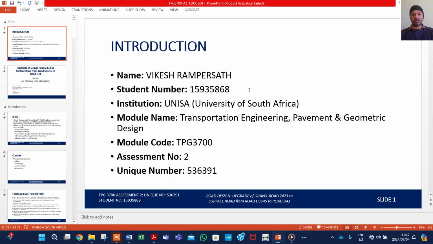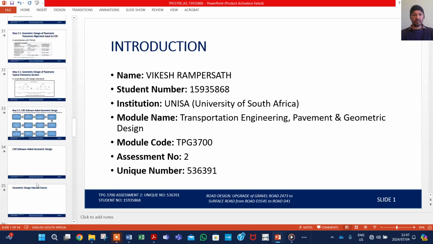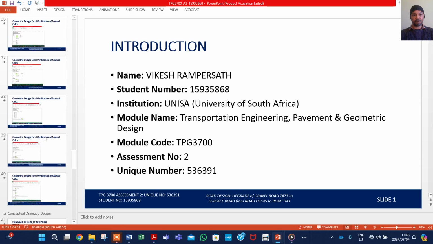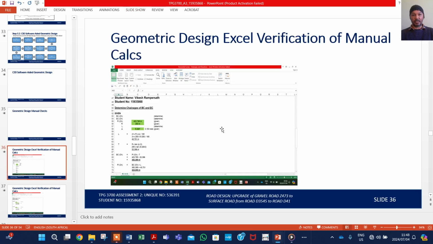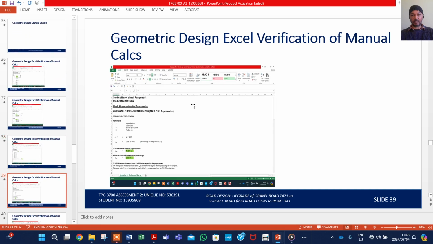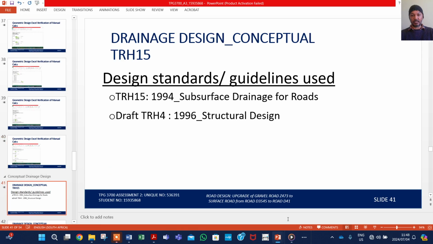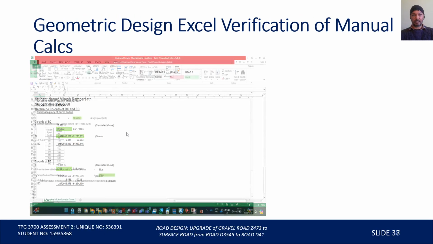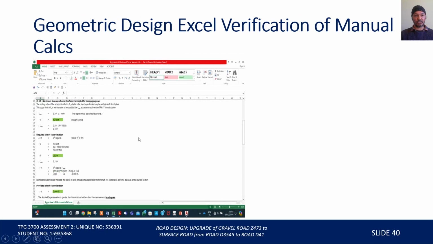I then verified it using Excel. That is my Excel verification.